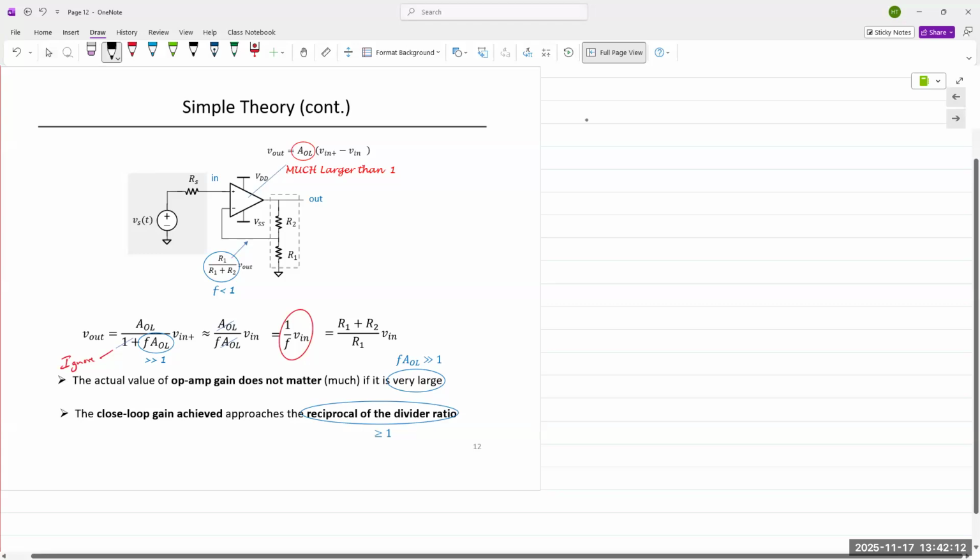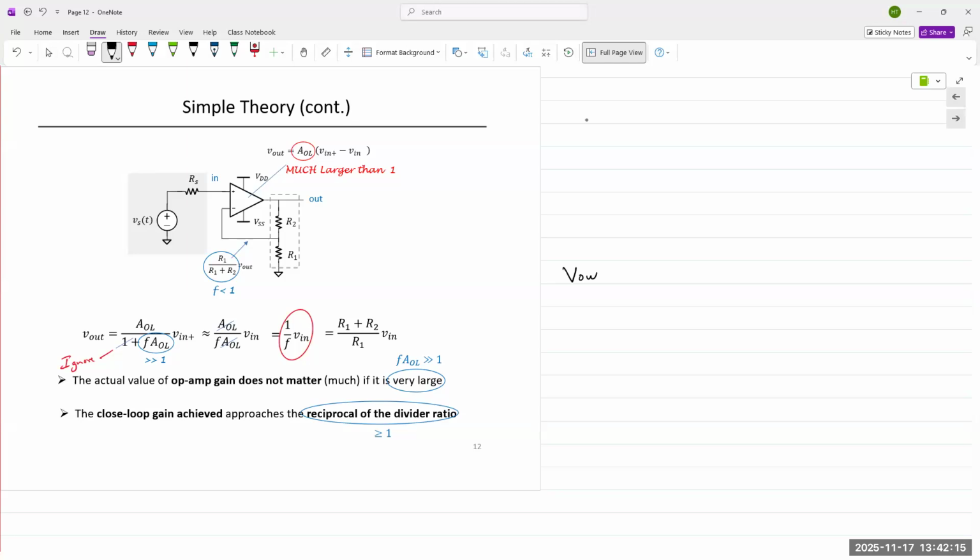Okay, so we have an expression for V out. So V out is equal to, let me write it right up here, R1 plus R2 over R1 times V in. If we take V in on the other side, V out over V in is the voltage gain AV.